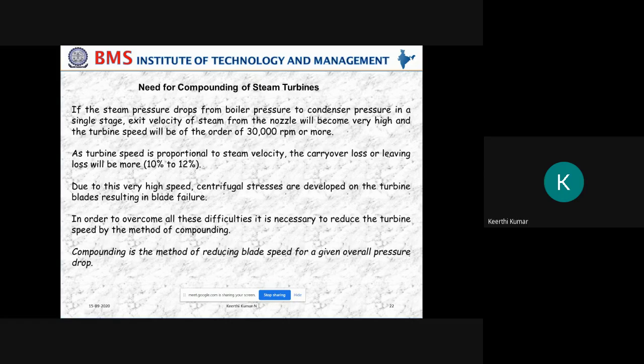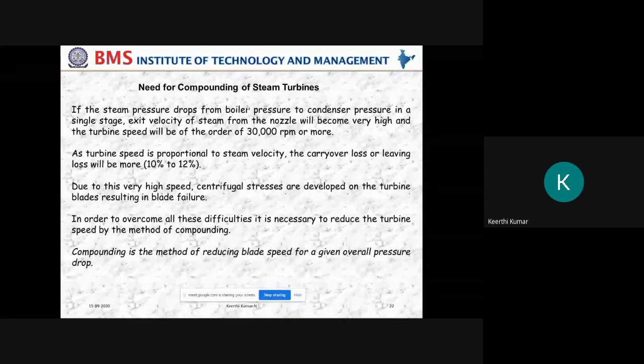So in another way, you can write it in this way, and if you want to represent it in an exam, you can represent it this way. If the steam pressure drops from the boiler pressure to condenser pressure, this condenser pressure means the pressure we get after the steam works on the turbine and comes out. That steam pressure is called condenser pressure.